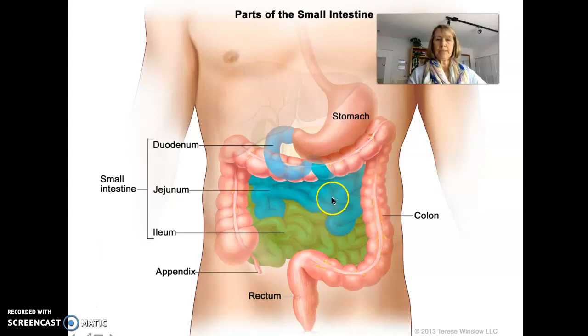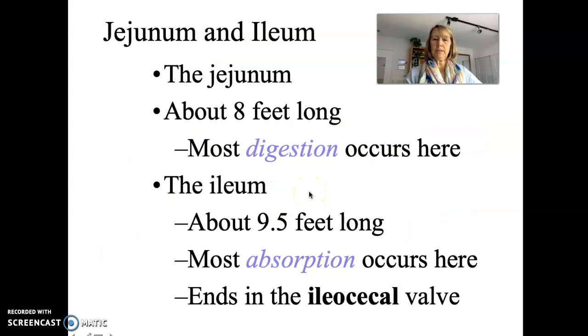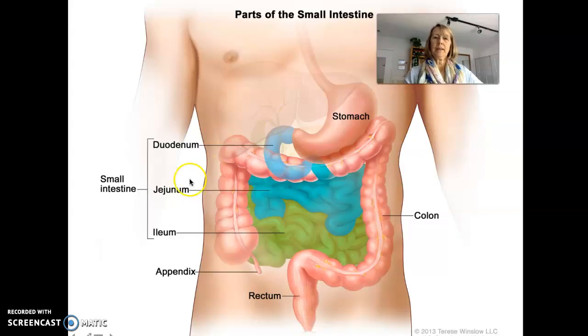Oh yeah, to remember the order: duodenum, jejunum, and ileum, is don't jump in. DJI, don't jump in if you get those confused. Oh, and here is the nice appendix coming off the cecum, which is this sort of dead end region of the ascending colon.